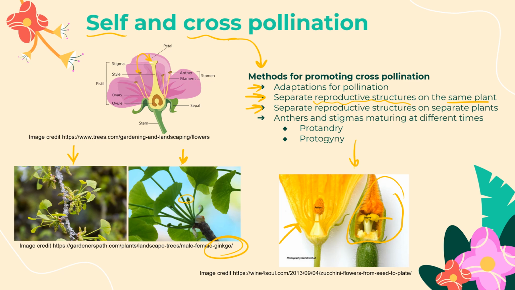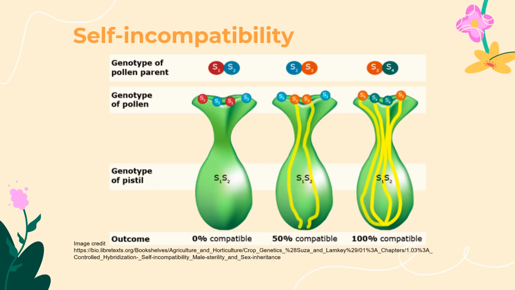And so again, no self-pollination possible here at all, since they're entirely different organisms. Other plants will actually have those anthers and their stigmas mature at different times. If the stamens, the anthers, the male parts are maturing first, this is protandry, and then protogyny is if the female parts, the stigma, is maturing first.